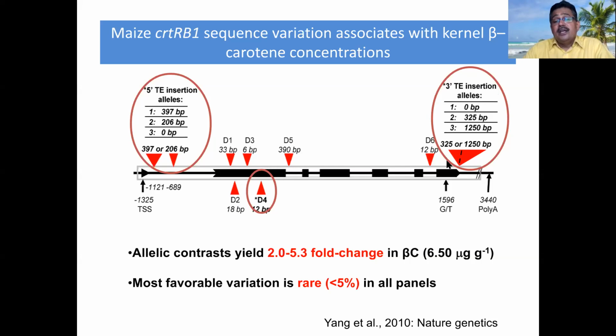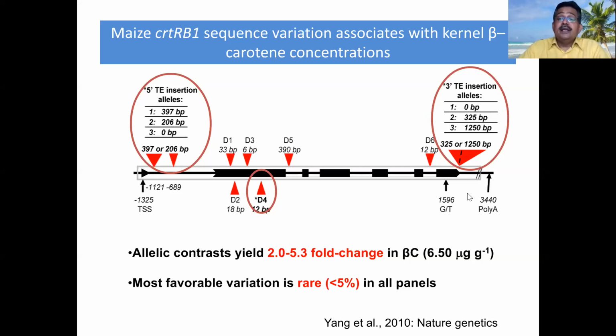In some accessions there is a 525 base pair insertion, or a 1250 base pair insertion. If this kind of insertion is there, the gene is truncated, and that is why the synthesis of beta carotene is increased. If you have no insertion, that is a positive allele. If there is a small or big insertion, then a truncation happens.